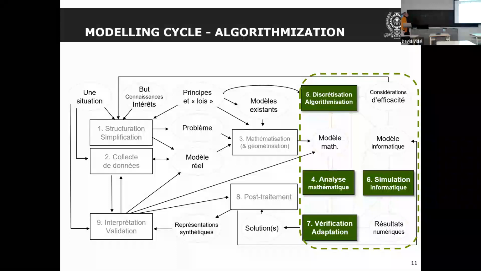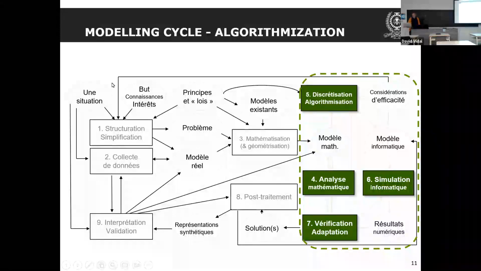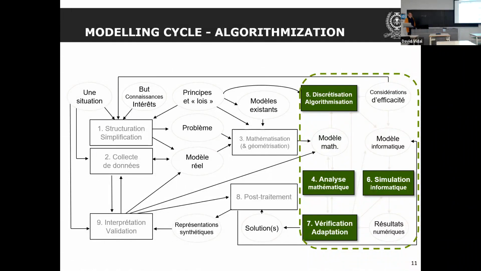So you need to go through a step of algorithmization, using numerical methods to crack the mathematical problem. One important part of this will be the verification of the numerical algorithm that you will have built. You need to verify that the numerical solution you're getting is actually the solution of the mathematical problem that you're trying to solve.